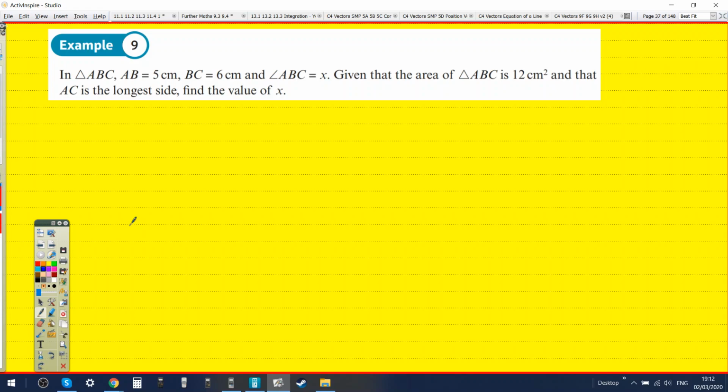So if you just draw it and then label the points.